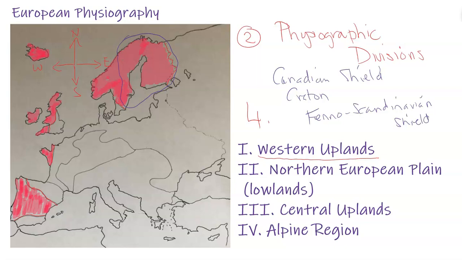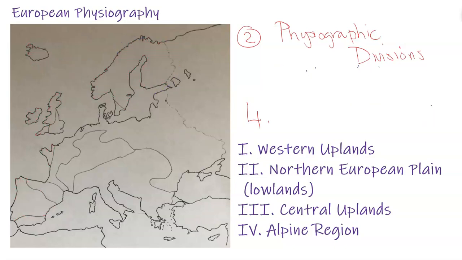In terms of size, it's nowhere near as large as the Canadian Shield, but in terms of the age and the stability of that area, with the mostly metamorphic and igneous rock formations, it is present and kind of stable around Finland, Norway, and Sweden, that part of Scandinavia.